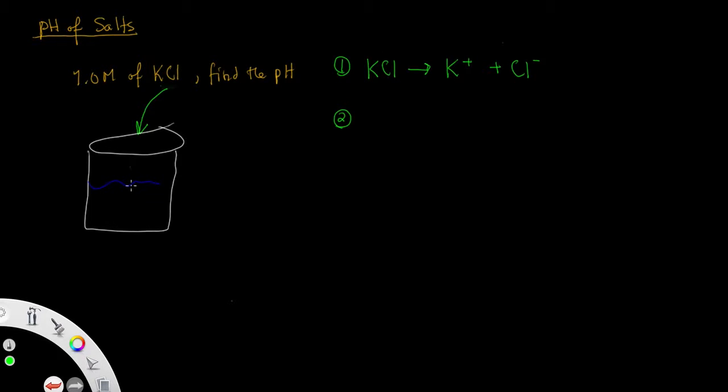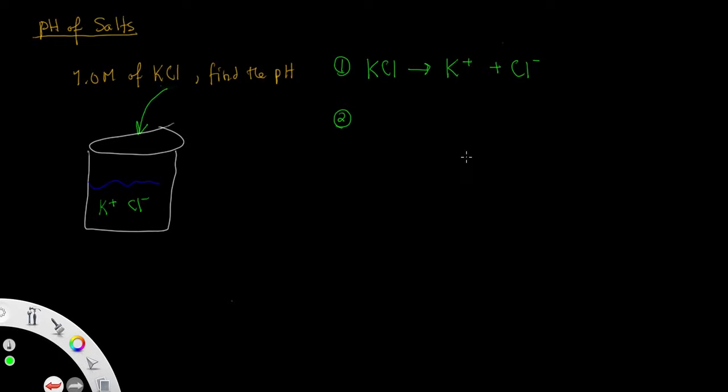So if we add the salt into our water, we'll get some chloride ions in the beaker, and we'll get some K plus ions. With that in mind, we're going to have some free-flowing potassium and chloride ions, and these will be reacting with the water around them.